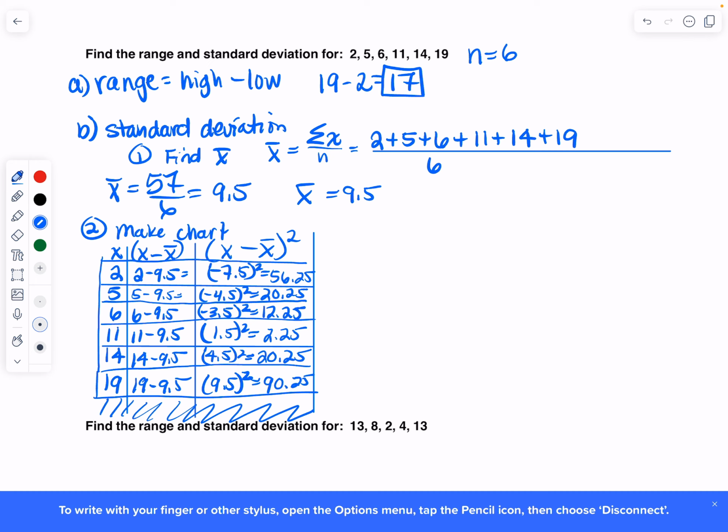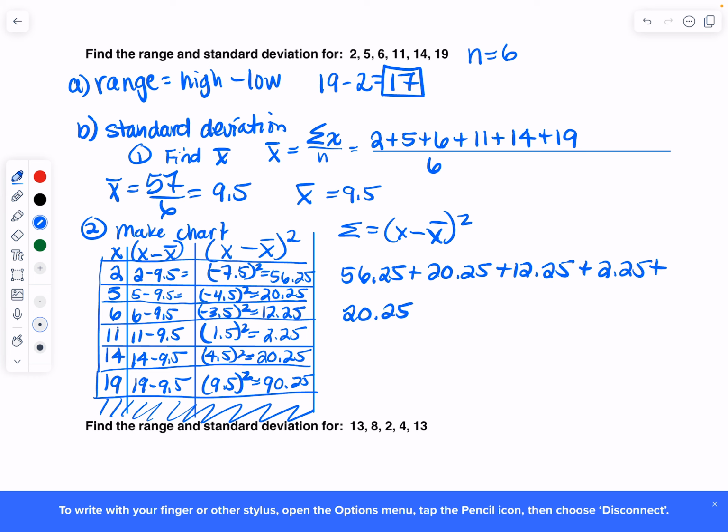That equals 90.25. So now what I want to do is sum x minus x bar squared. Sum means to add. So 56.25 plus 20.25 plus 12.25 plus 2.25 plus 20.25 plus 90.25.